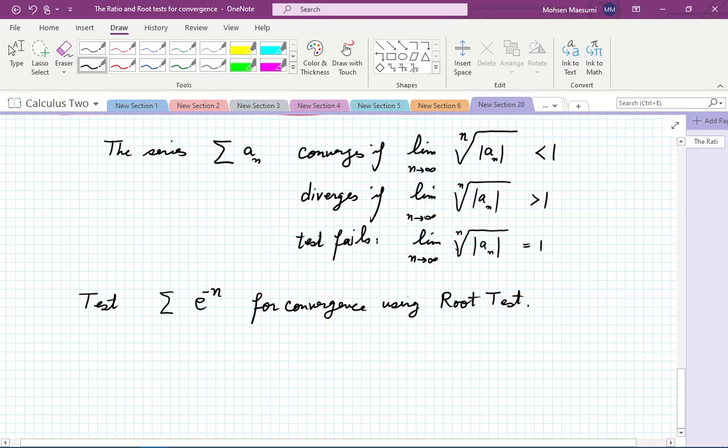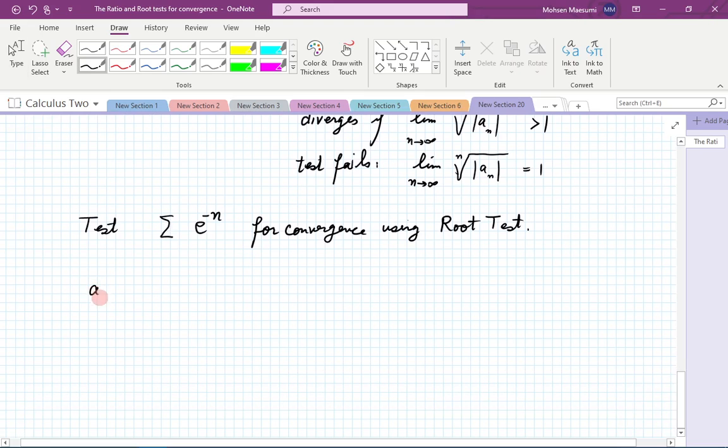We want to test it for convergence using the root test. So what is the idea here? You look at the nth term, then you look at the next one. So instead of n, I have to write n plus 1, and to be careful, we have to put it in parentheses. We take the ratio, and the ratio is exponential of minus (n plus 1) over exponential of minus n.